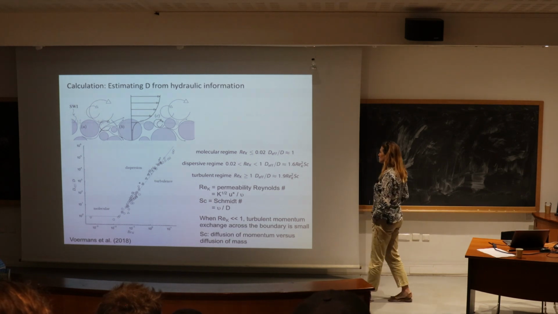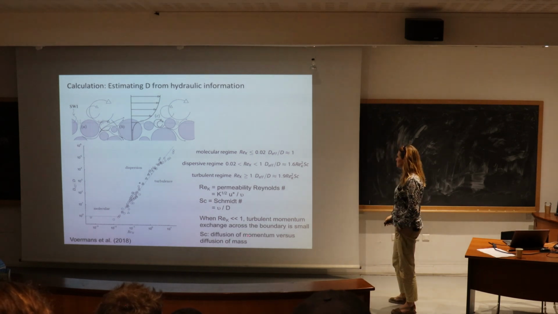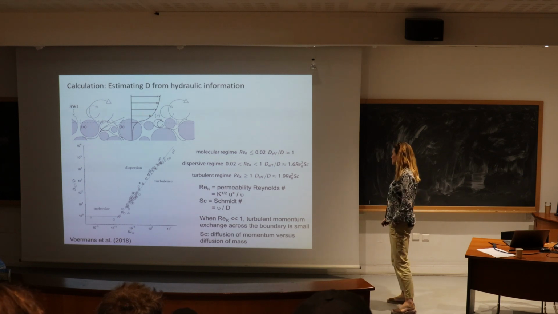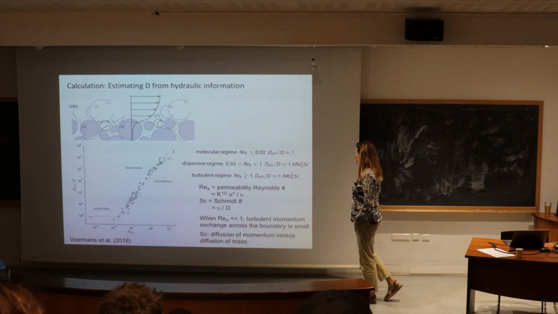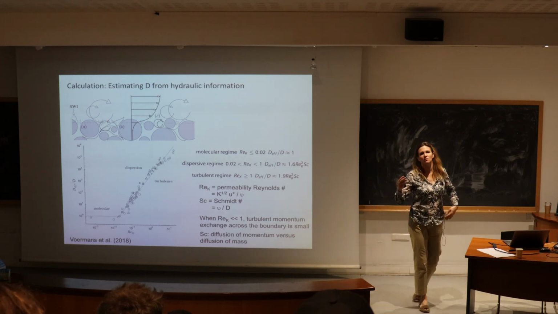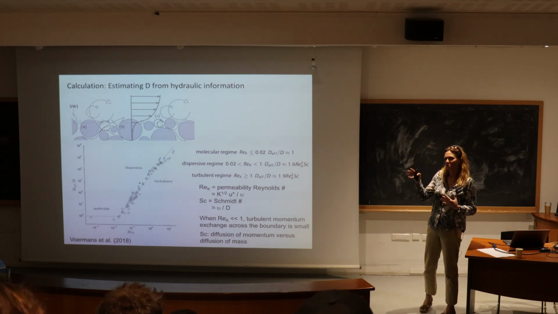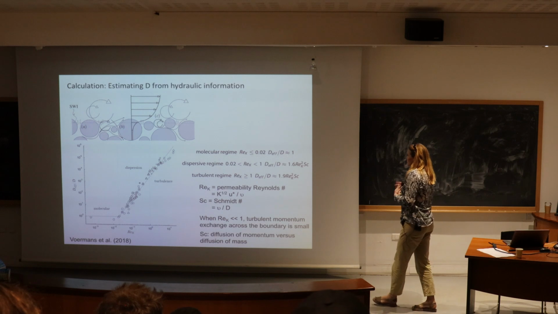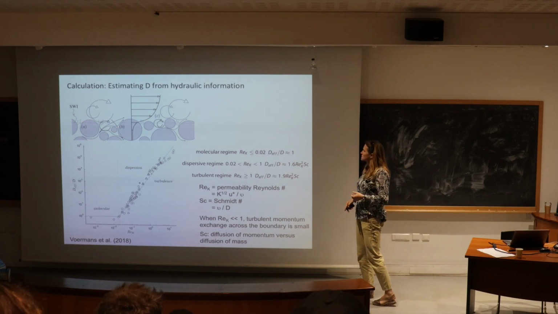And then the Schmidt number is also important here. The Schmidt number is just another really nice dimensionless number that is the balance between the diffusion of momentum versus diffusion of mass. So it's telling you about the fluid fluxes versus the solute mass fluxes.